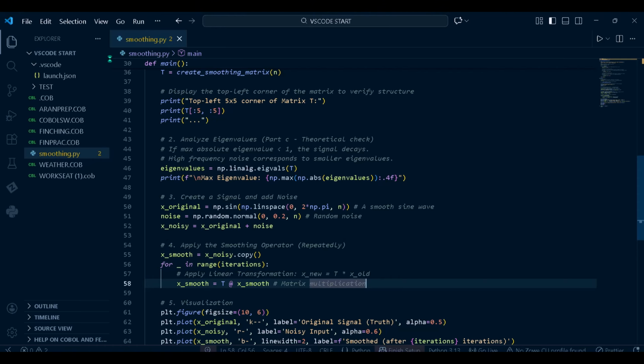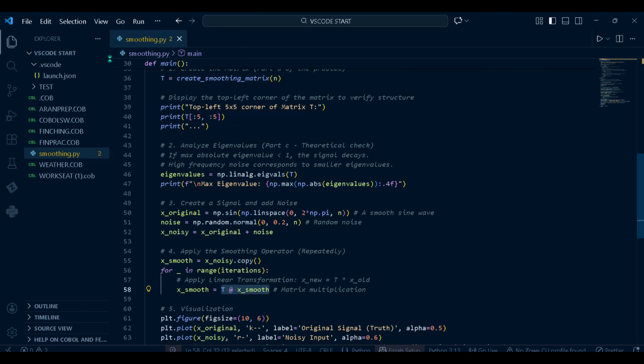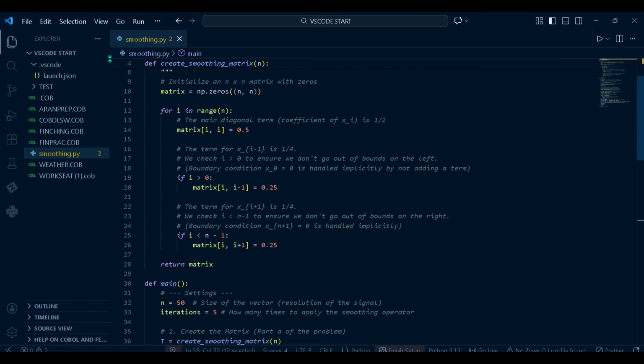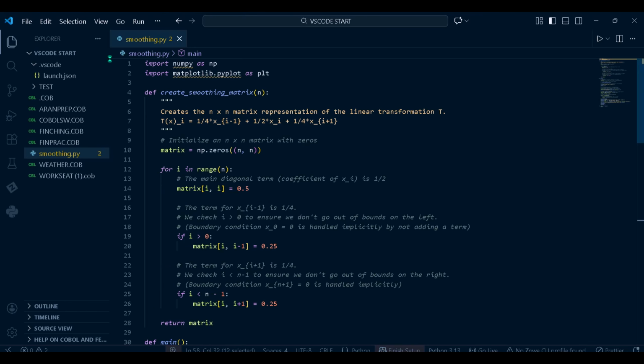Since this is a linear transformation, I can just use the at symbol for matrix multiplication. Now that I've introduced the parts of the code, let's try to execute it. Let's run the script and see if the math actually works.